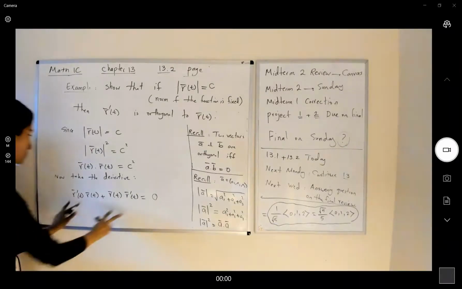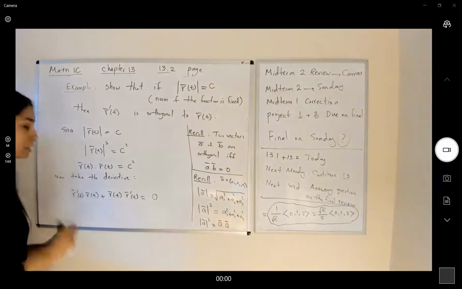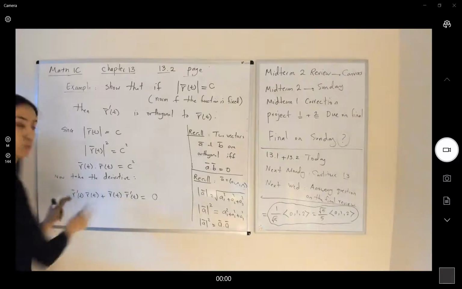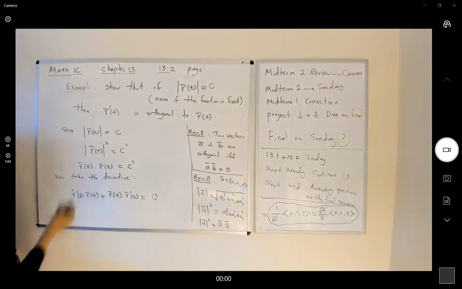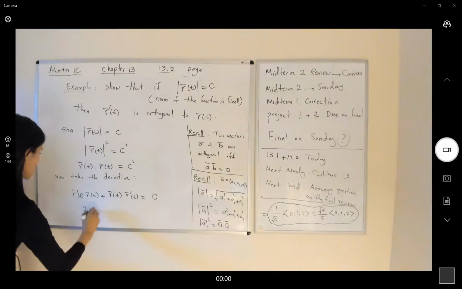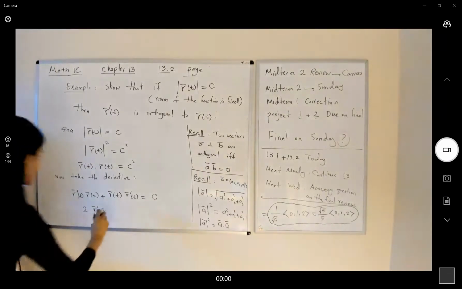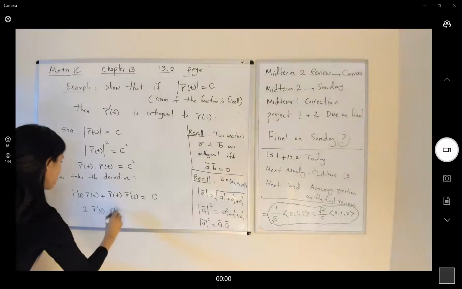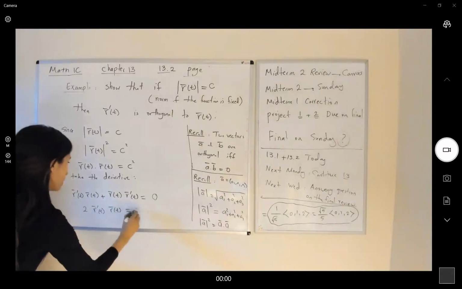So what do you have? Since you have a dot product, you can switch these two. You get 2 times R prime dot R equal to 0.